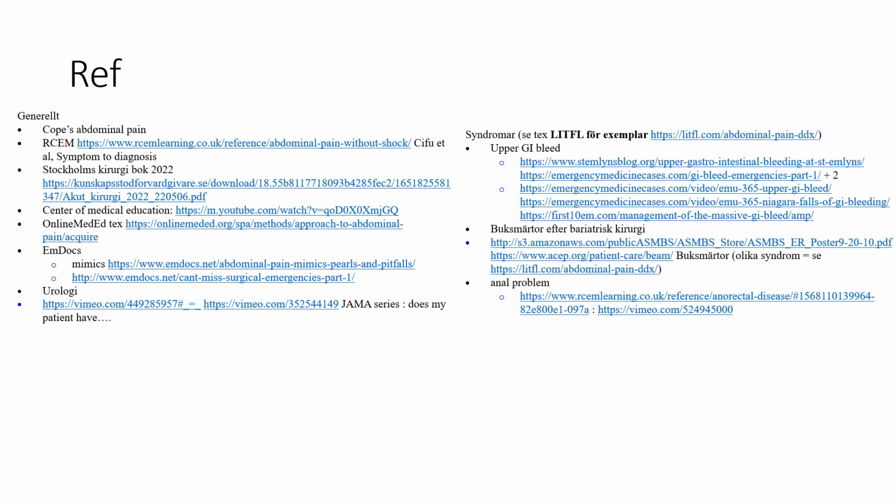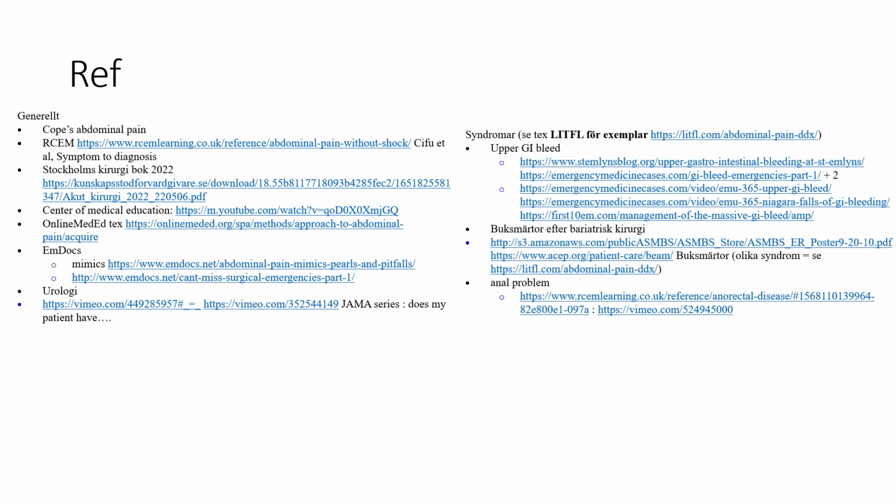I'm not sure whether it's because the surgeons mainly own this space internationally, or emergency physicians don't find it difficult. But I think it's not necessarily an easy area, and that's why I'm going to go through it with all the small bits and pieces that might be in the approach to the abdominal pain patient.